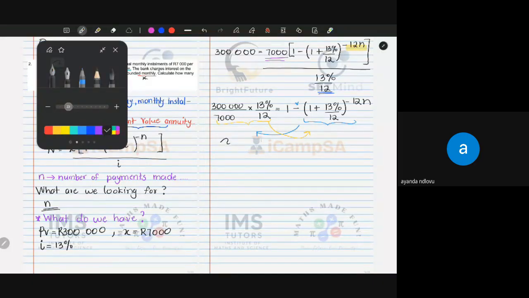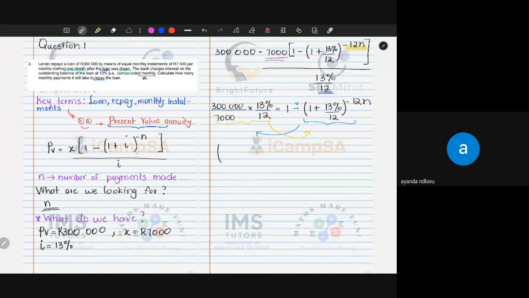So if you observe carefully, I need someone to just punch in what is inside the bracket for me. What is 1 plus 13% divided by 12? Anyone? I want what is going to be inside the bracket too. But maybe let's leave it for now.